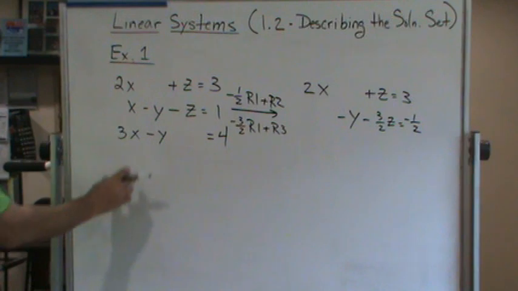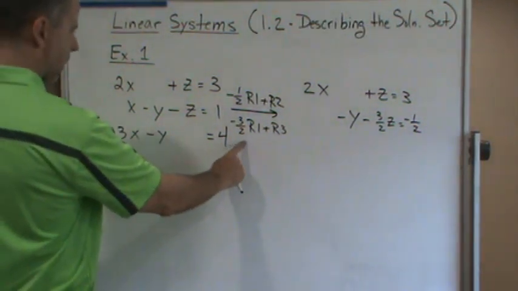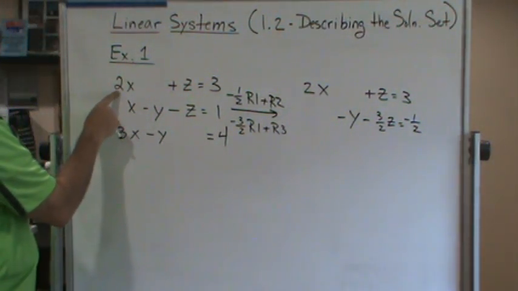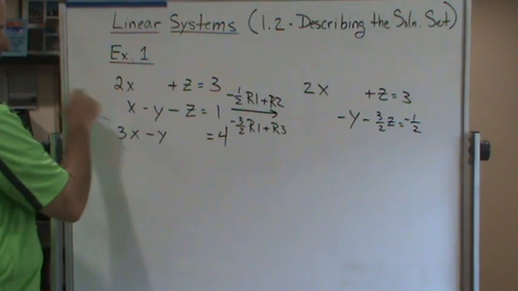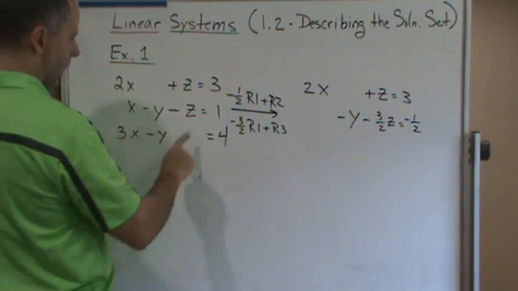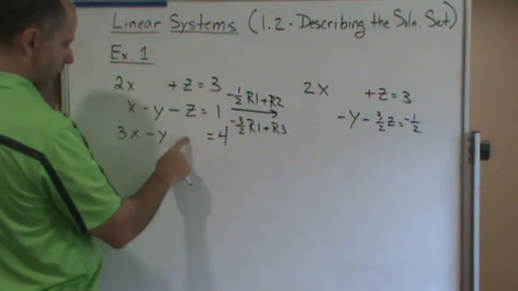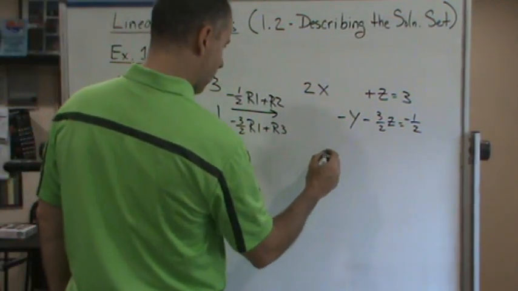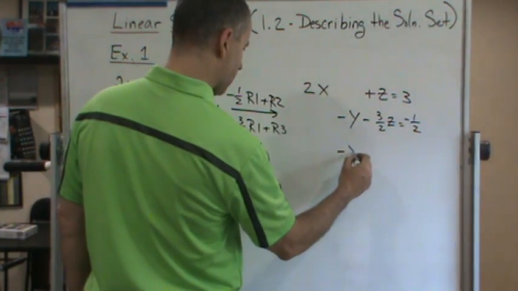Okay, now the third row, this is going to go away, right? Because negative 3/2 times 2 is going to give us negative 3, which plus 3 is 0. And then here, this is going to be unchanged, so it's going to be minus y.